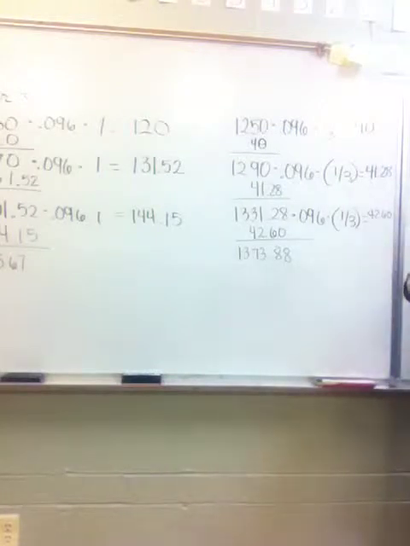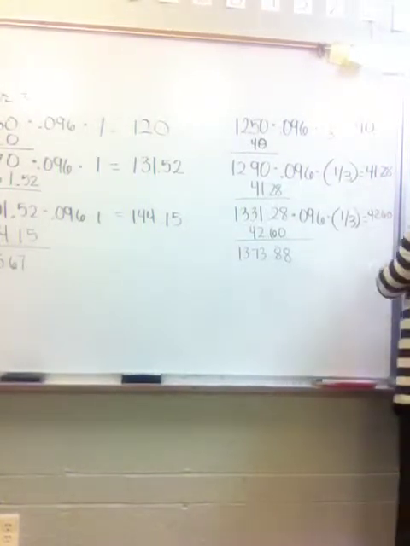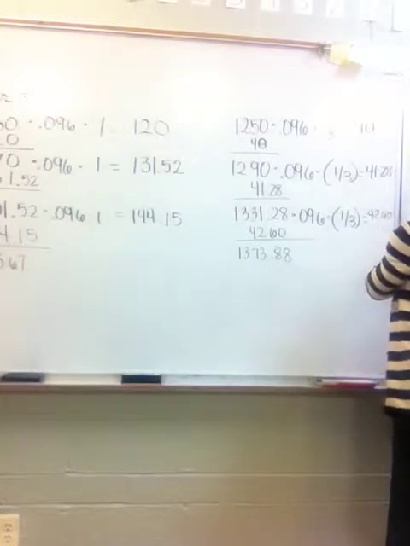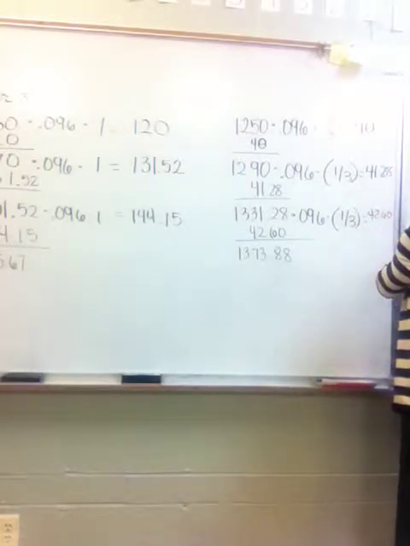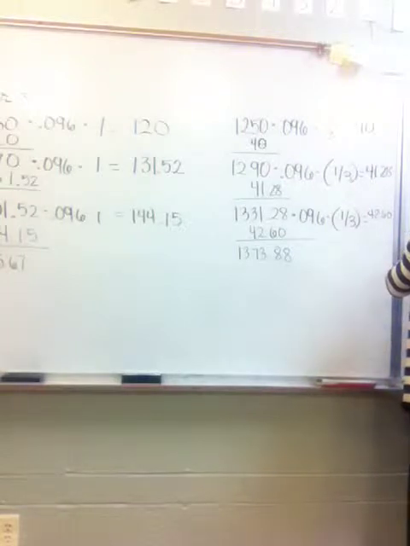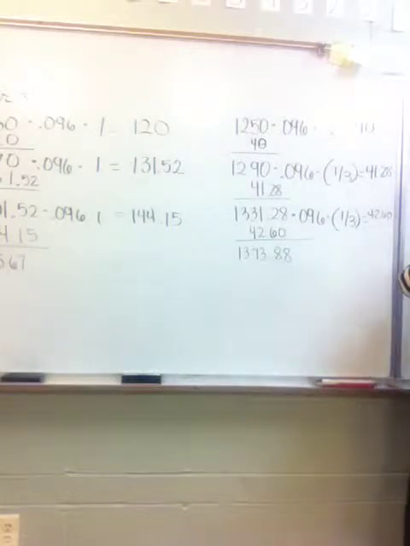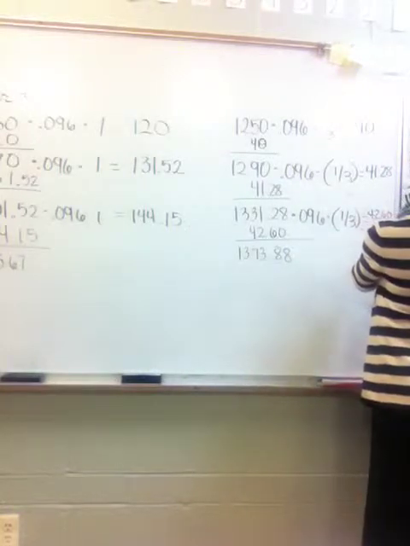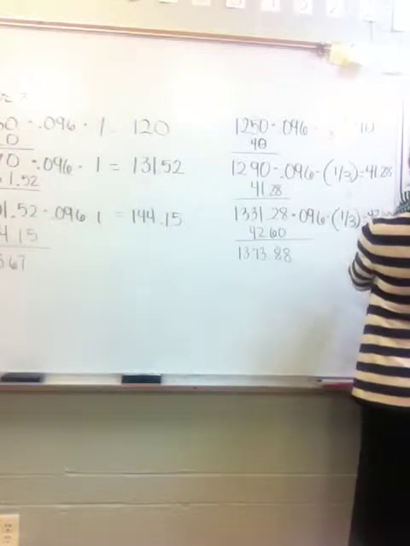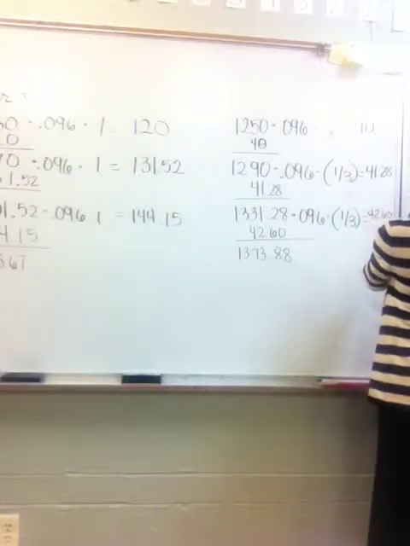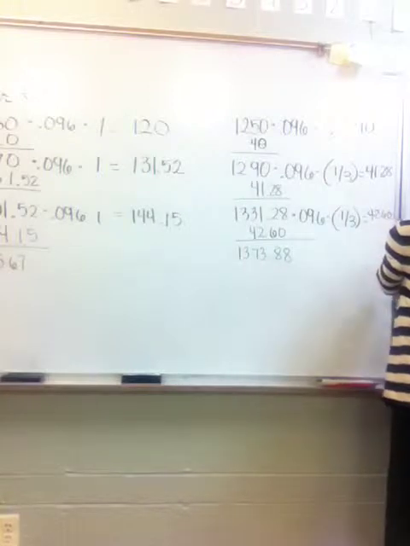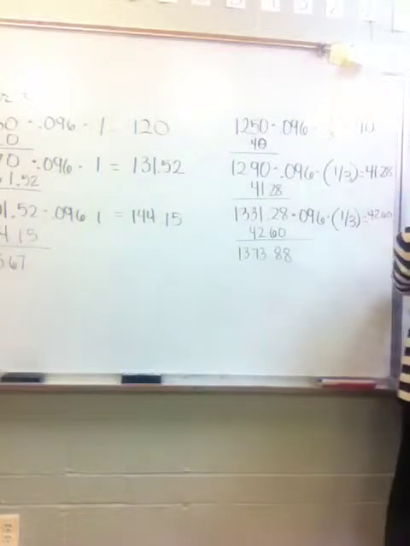1250. So you're in charge of crunching numbers. Go. 10. Yeah, I was right. Yeah, I did do it right. 10.08. $10.16.